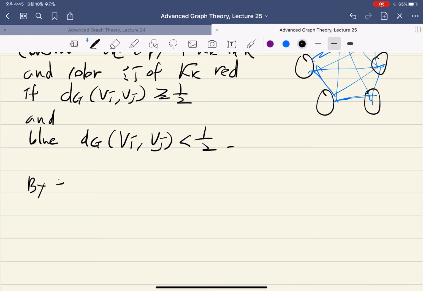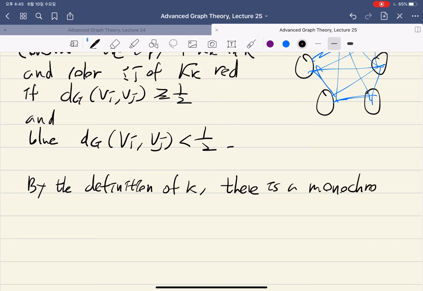Then, by the definition of k, there is a monochromatic copy of K_{delta plus 1} in this K_k.